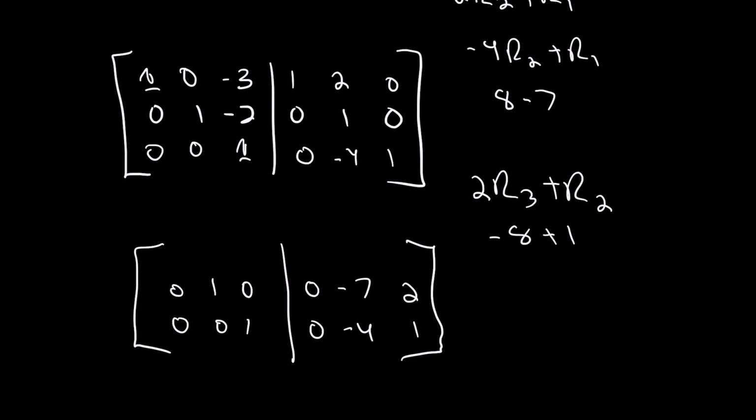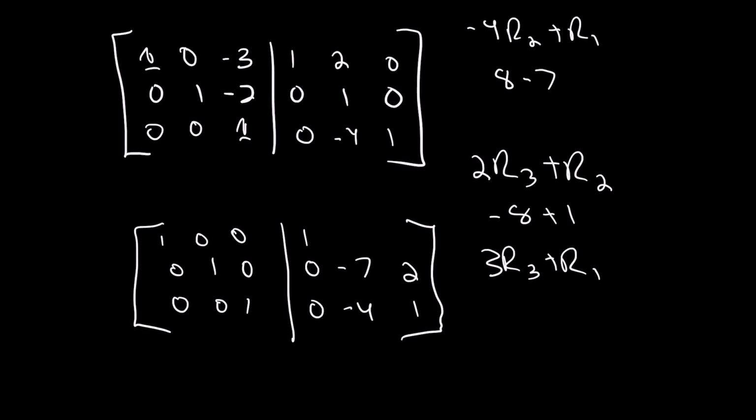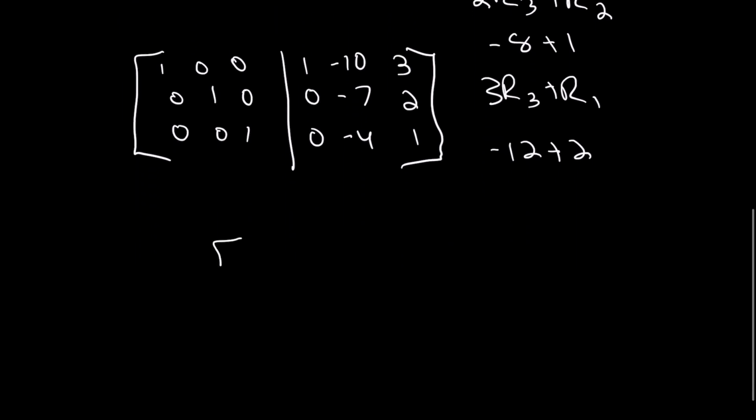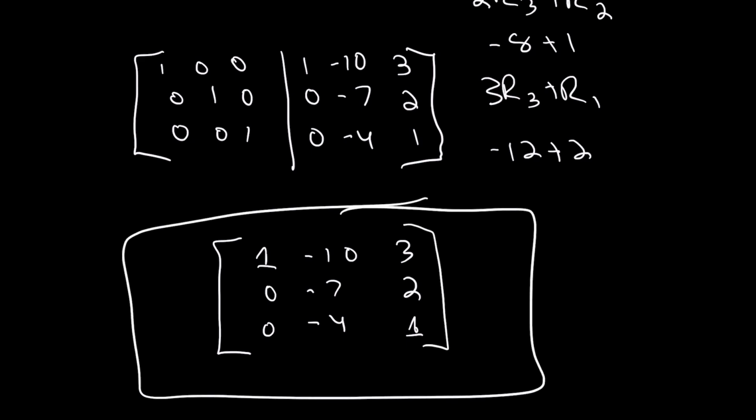So for the final row, we're going to do row 3 multiplied by 3 plus row 1. 0, 0, 1, multiplied by 3, which is going to be -12 plus 2, which is -10, multiplied by 3, 3. So your final answer is going to be -10, -7, -4, 3, 2, 1. And this is your final answer.